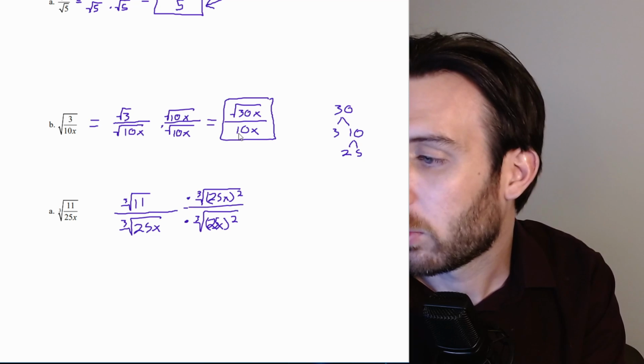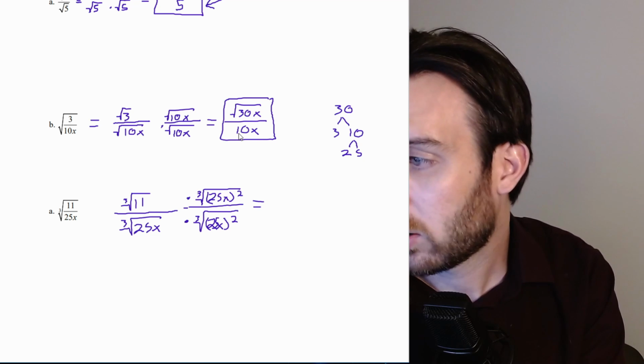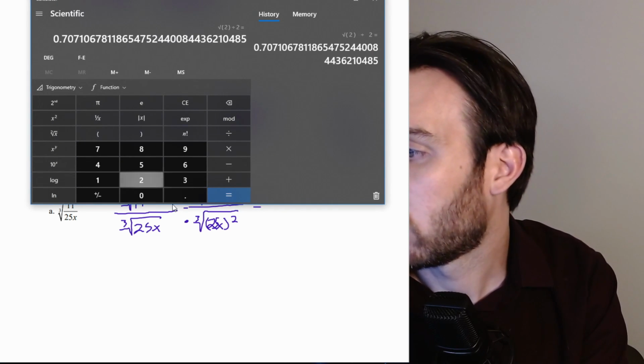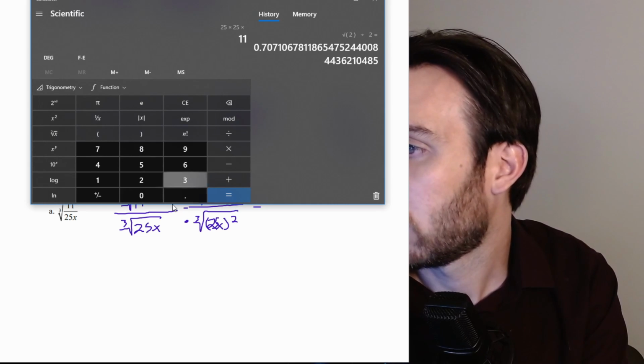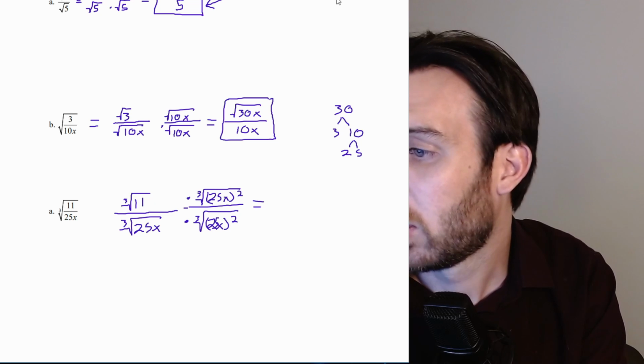So let's multiply that on through. What do I get? On the very top, I'm going to have 25 squared times 11. Ooh, what will that be? Let's pull that out. 25 times 25 times 11. Okay, that'll be 6,875. So I've got 6,875 x squared underneath a cubed root.